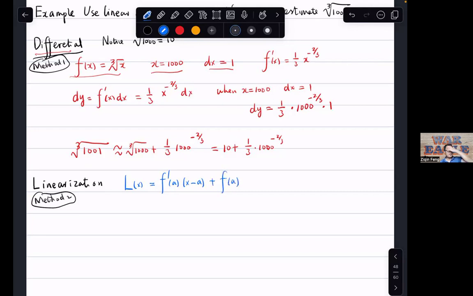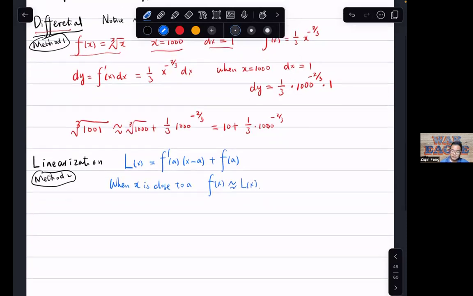So given a function, given a value a here, a point, you can get a linearization. Now from here you can see that when x is close to a, f of x is very close to L of x.